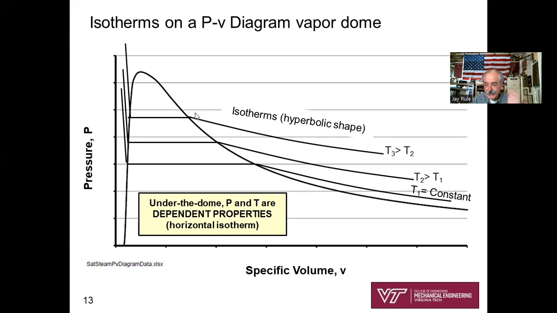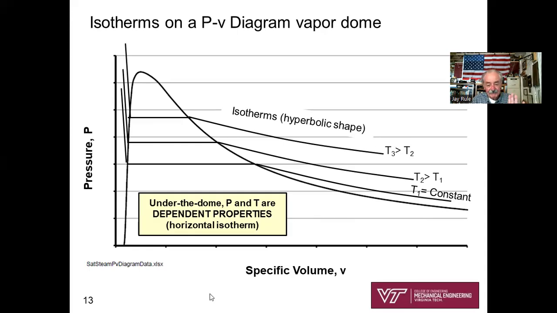My big takeaway is that these swooping down lines to the right of the vapor dome are hyperbolic in shape. They're curved lines, they're hyperbolic, and this also shows that we start out with T1 as some number, a higher temperature isotherm is above that, and a higher temperature isotherm is above that.